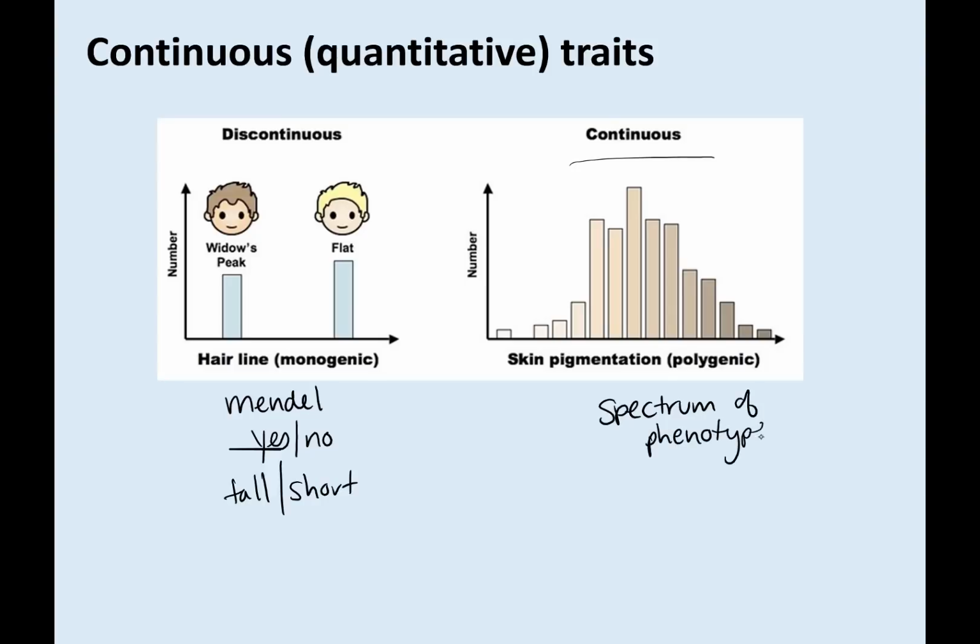So skin color is a great one, right? All you have to do is look around our classroom, and you would see a huge range of skin color. And this is due to multiple genes affecting the characteristic. So we'll put affecting the trait.